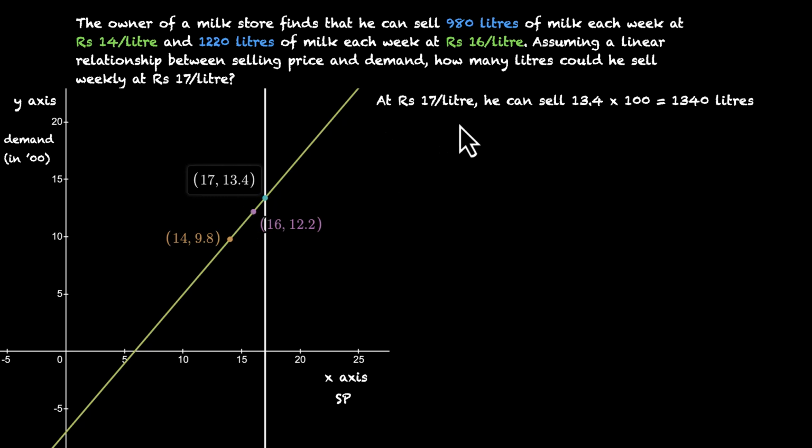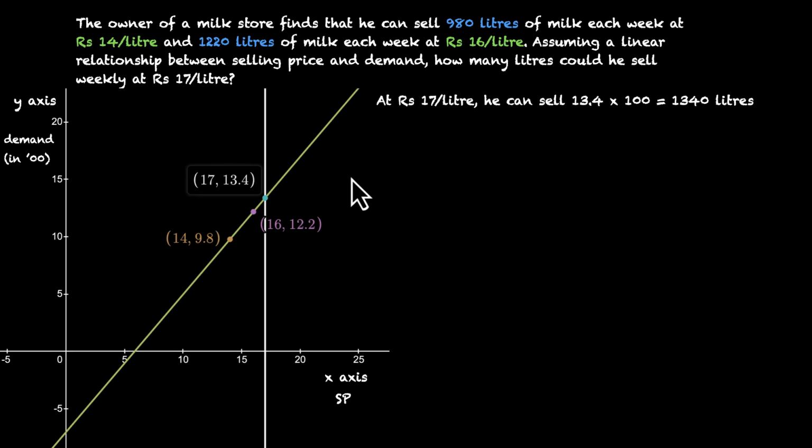So at rupees 17 per liter, he'll be able to sell 1340 liters. So this is how we can solve it using the graph by plotting the equation of this line. But if we're not able to plot the graph accurately, we can still use the equation and plug the value of x equals to 17 to get the output 1340.